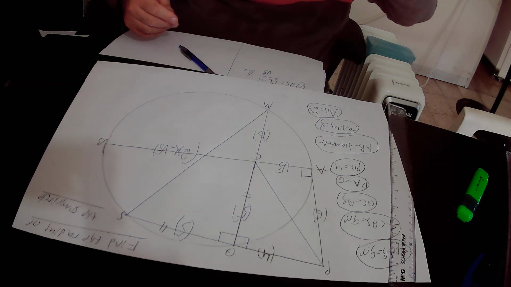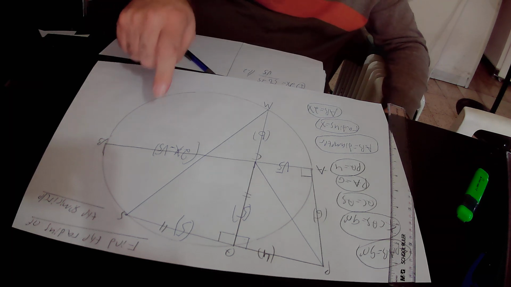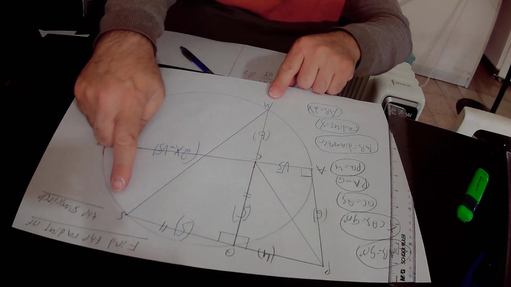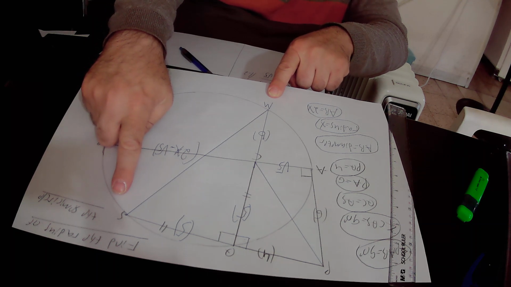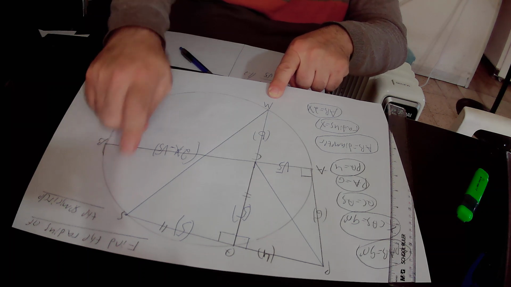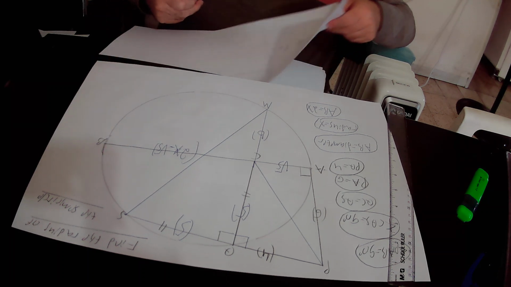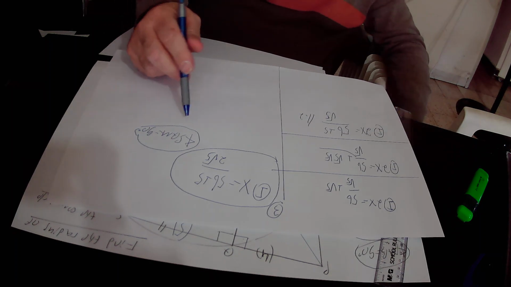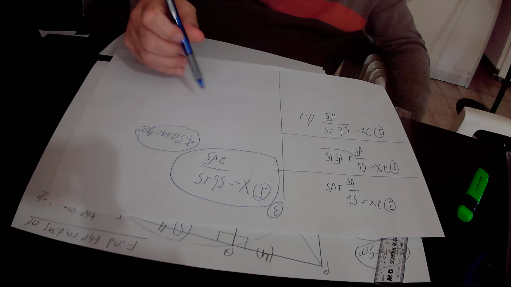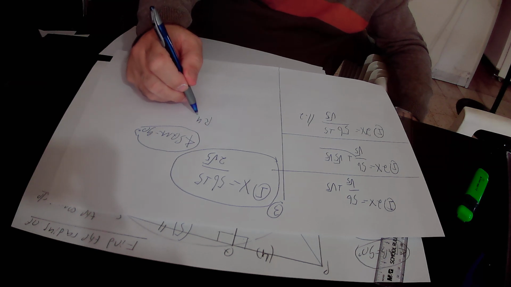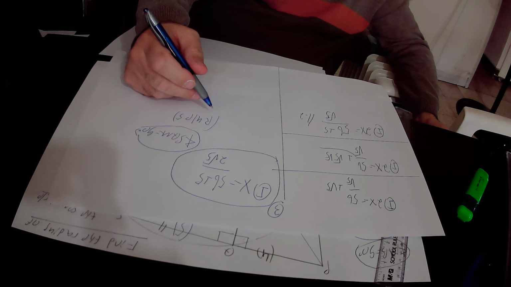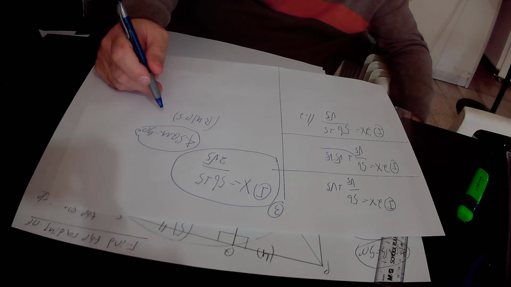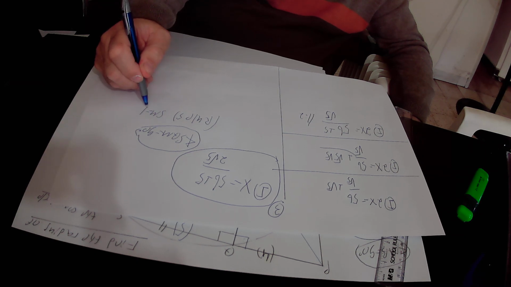From the drawing it is very easy to see that peripheral angle SQM rests on chord MS, and therefore according to rule number 5, MS is the diameter of the circle. So I write it down: because peripheral angle SQM equals 90 degrees, according to rule number 5 it must rest on the diameter of the circle, and because it rests on SM, therefore SM must be the diameter of the circle.